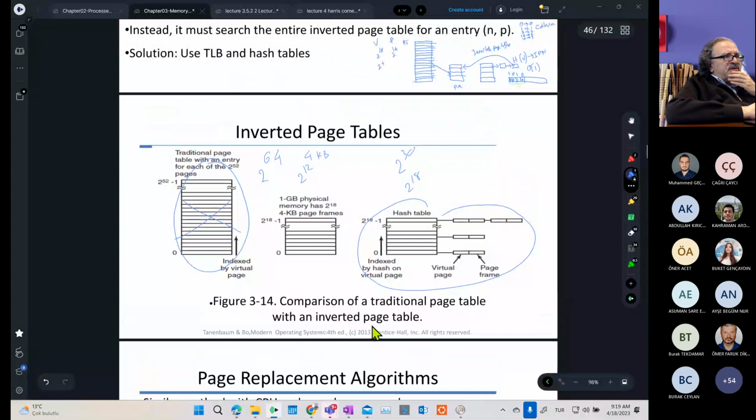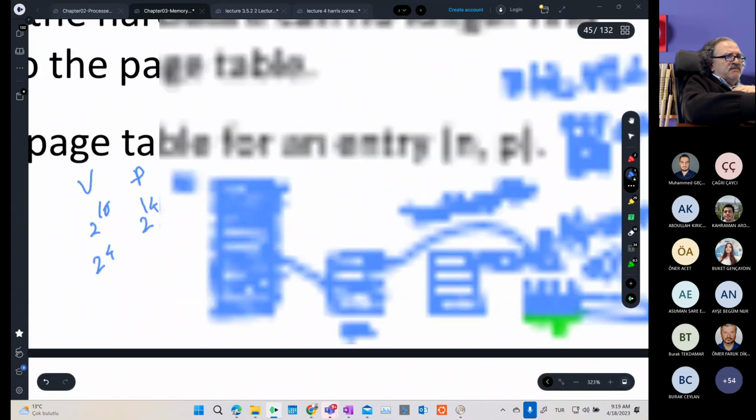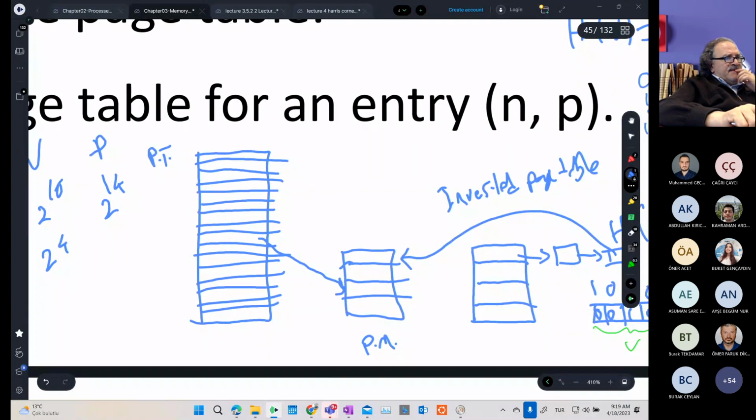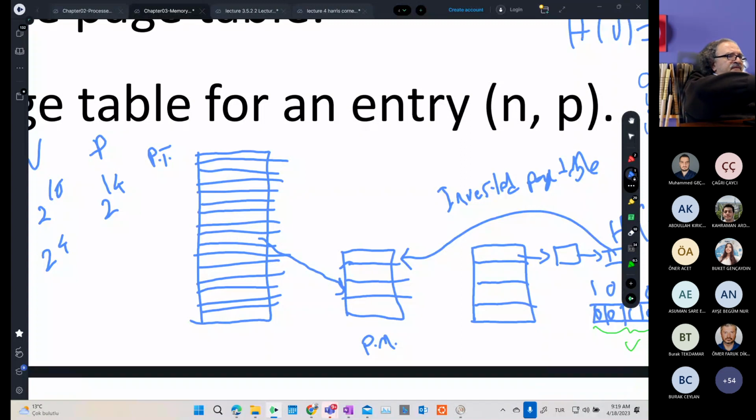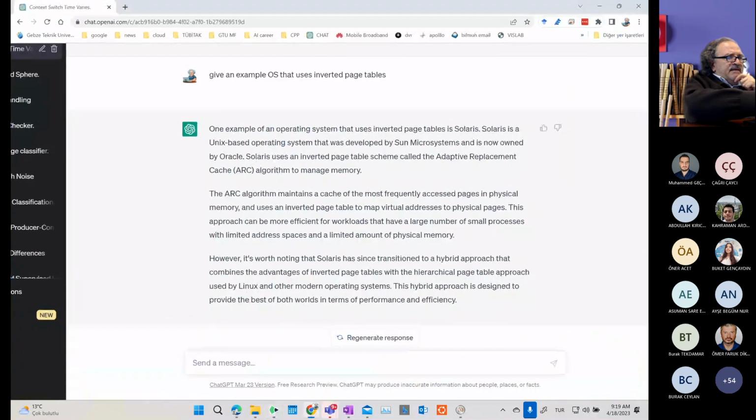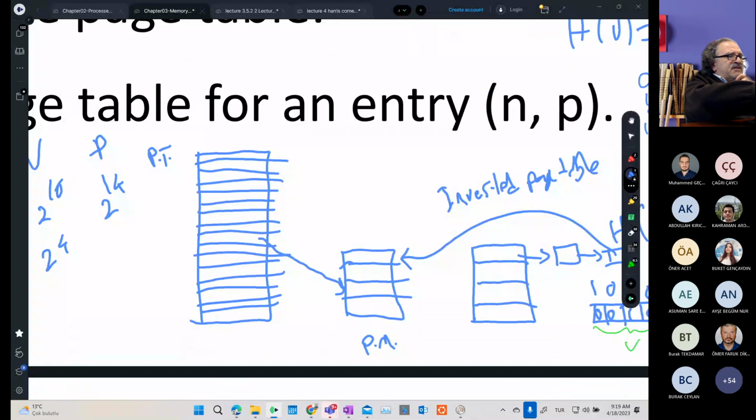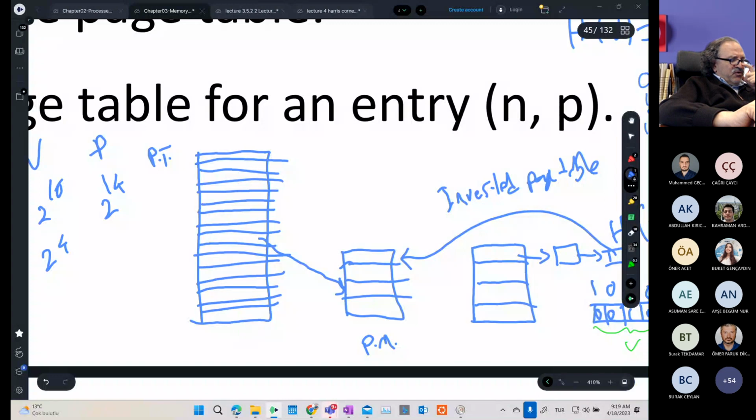Okay, so far we talked about the structure of the page tables, but we ignored the main question, the toughest question. I have here 16 virtual pages, but in my physical memory, I have only 4 physical page frames.